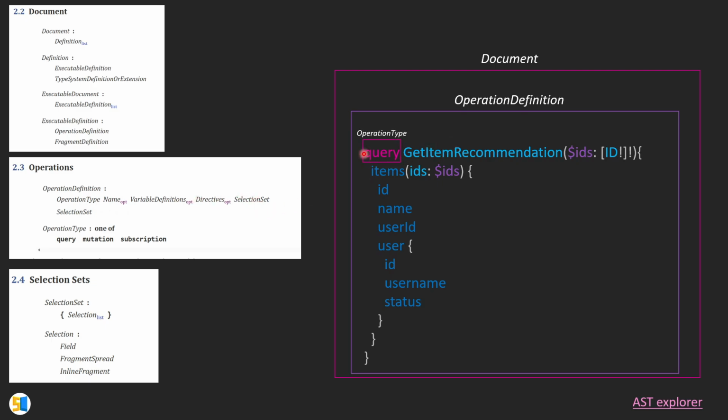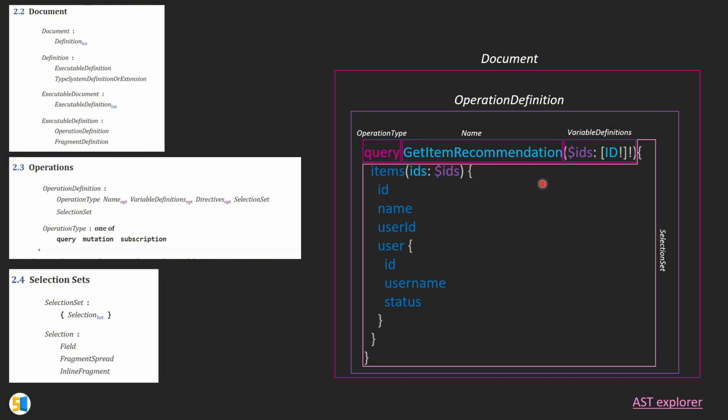So we have the operation type. In this case, the operation type is query. It can be mutations, it can be subscriptions, and the name, optional, is get item recommendations. It's optional because we can write a GraphQL query without the name. After that, we have variable definitions, and then we have our first selection set.